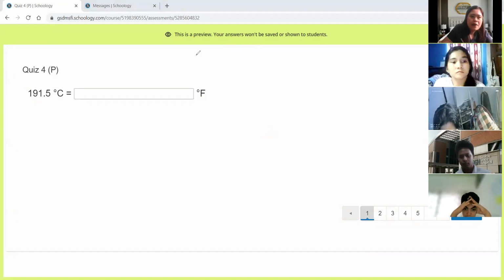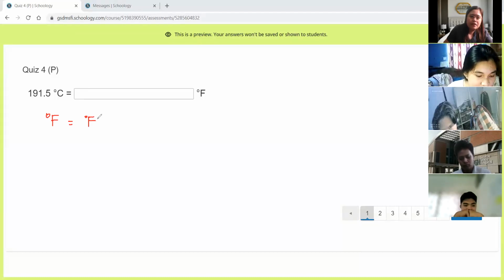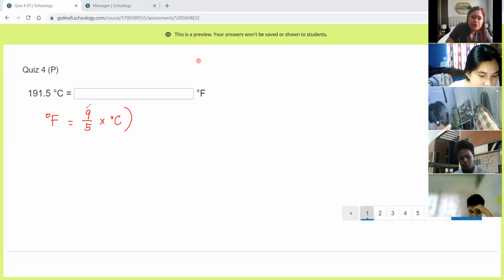So number 1, 191.5 degrees Celsius, and then we will convert this to degrees Fahrenheit. You can use the formula: degrees Fahrenheit is 9/5 times degrees Celsius plus 32.